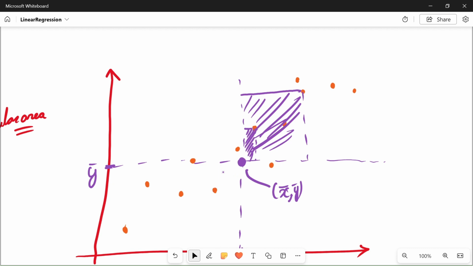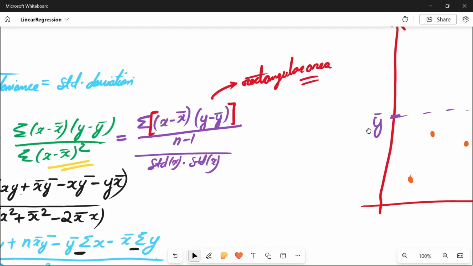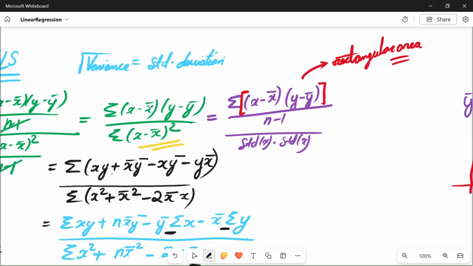So we have to find the areas for all of the rectangles because this is what the formula is asking us to do, right? It is asking us to calculate the areas for all of those rectangles. For each and every point, we have to calculate the corresponding area of the rectangle, and we have to sum them all up and divide it by this n minus 1 factor.